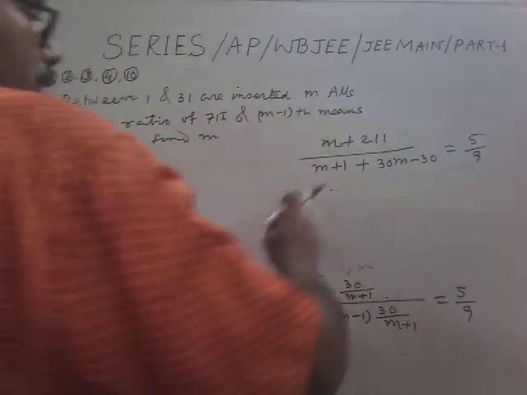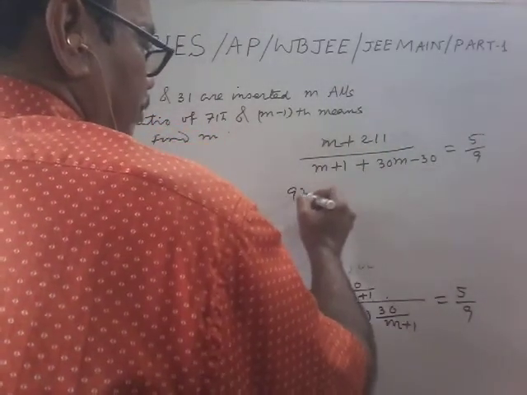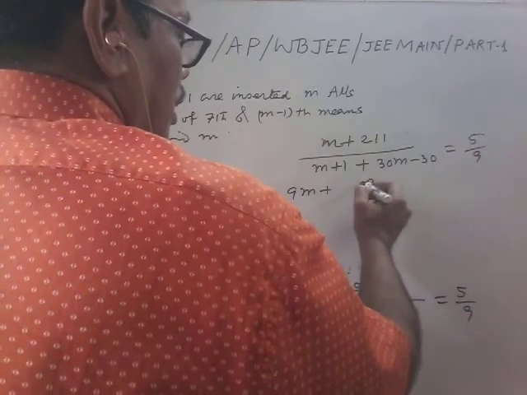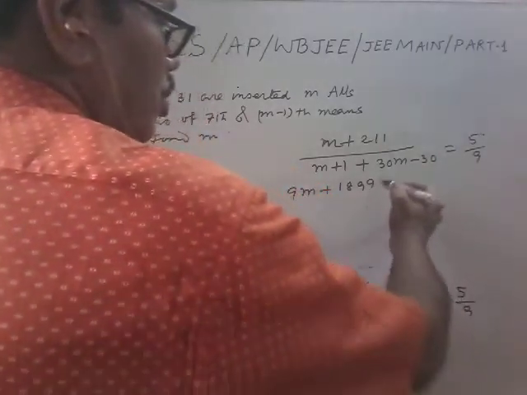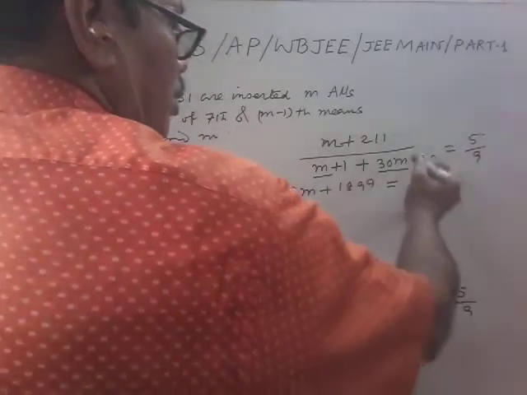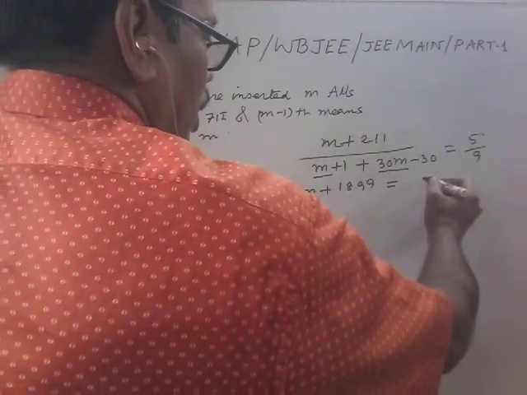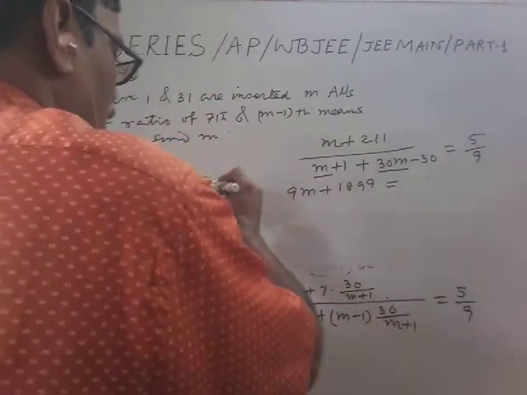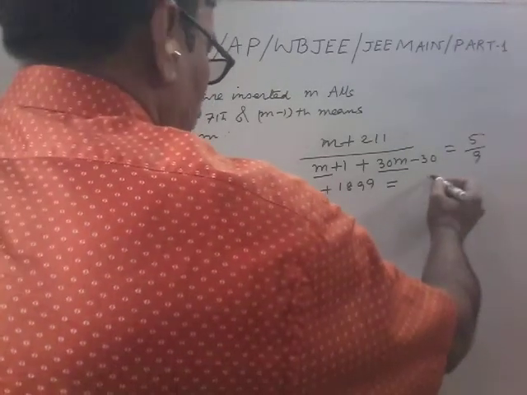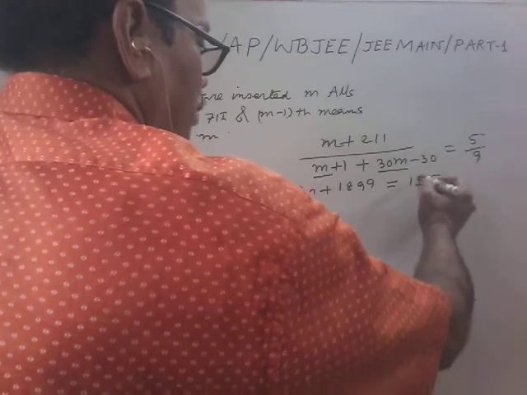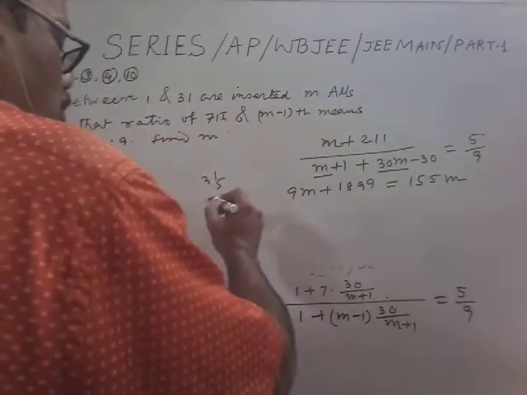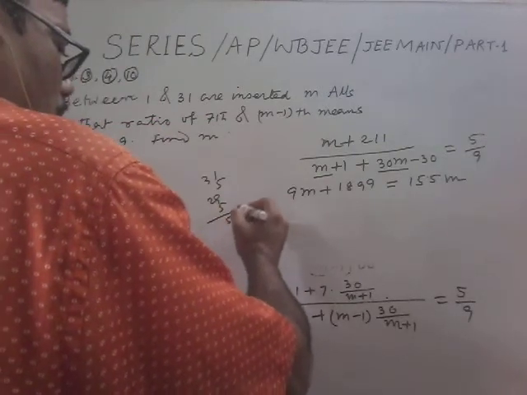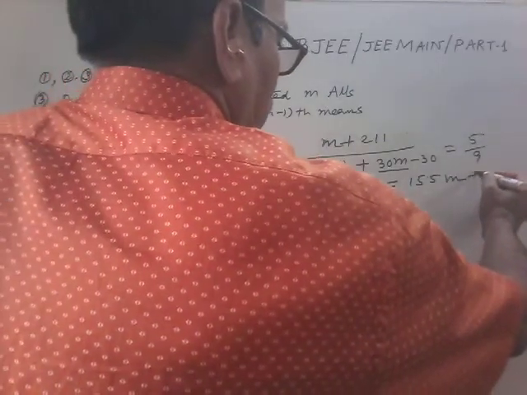So calculating. So 9m plus 9, 18 equals 31 into 5. 31 into 5 is 155m, and this is 29 into 5, 145.